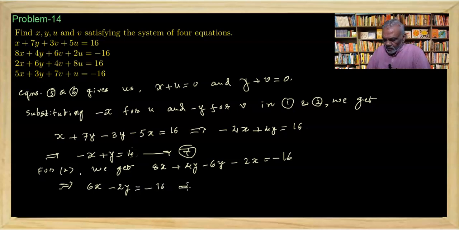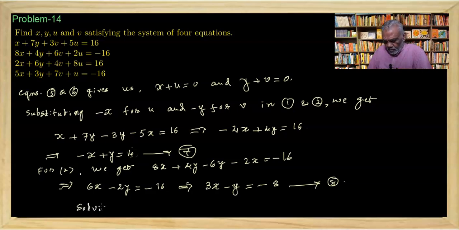Dividing throughout by 2, we get 3x minus y equal to minus 8. Let me call this equation number 8.